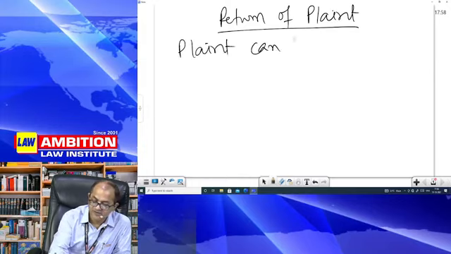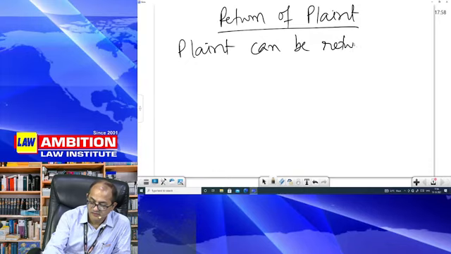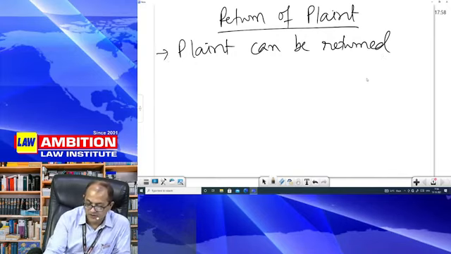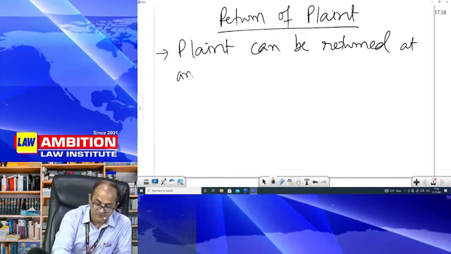अब देखो आप बेसिक लॉ हर पे लिखोगे, and this will be your short notes, this will be your law on the point. So you have to be careful and jot down the important relevant points. Plaint can be returned at any stage of the suit.